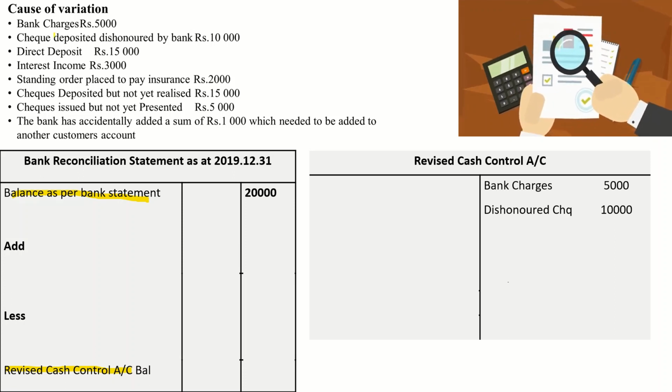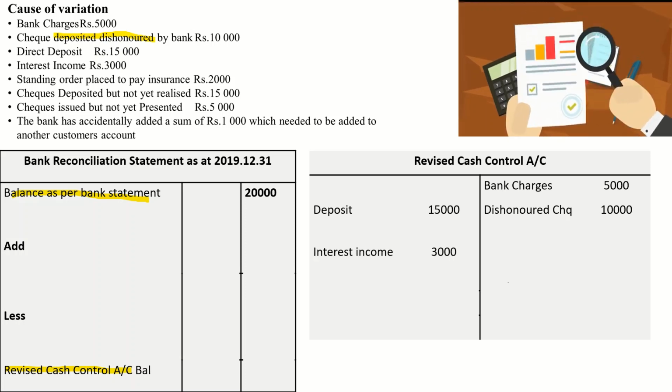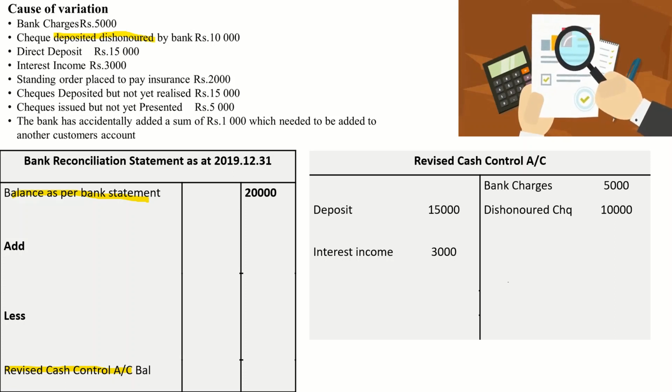Since it has been dishonored, now you need to credit it. And then direct deposit of 15,000, so debit revised cash control account 15,000. Then interest income 3,000, so debit revised cash control account 3,000. Standing order placed of 2,000, so credit 2,000 revised cash control account.